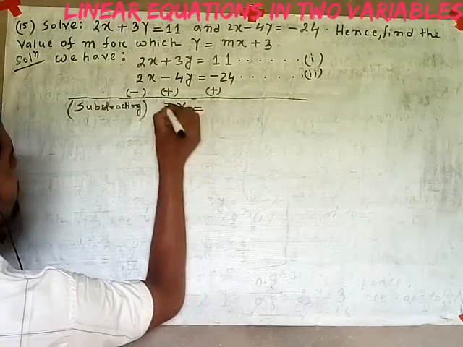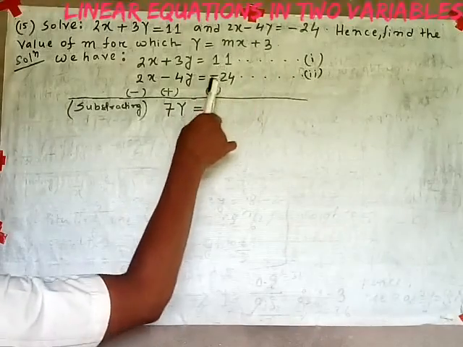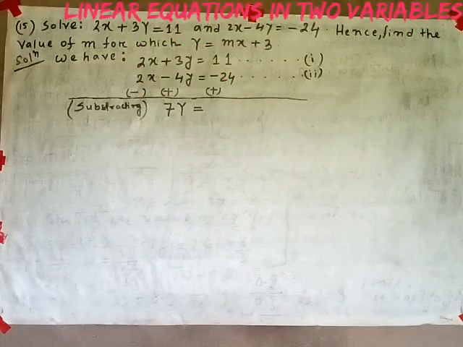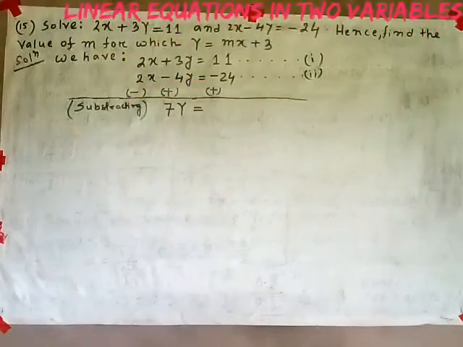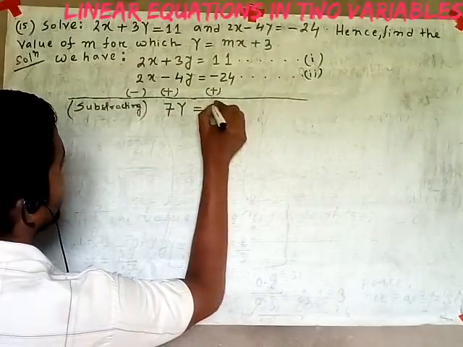7y equal to 11; previously it was minus 24, now it is plus 24. So 11 plus 24, how much? 35.